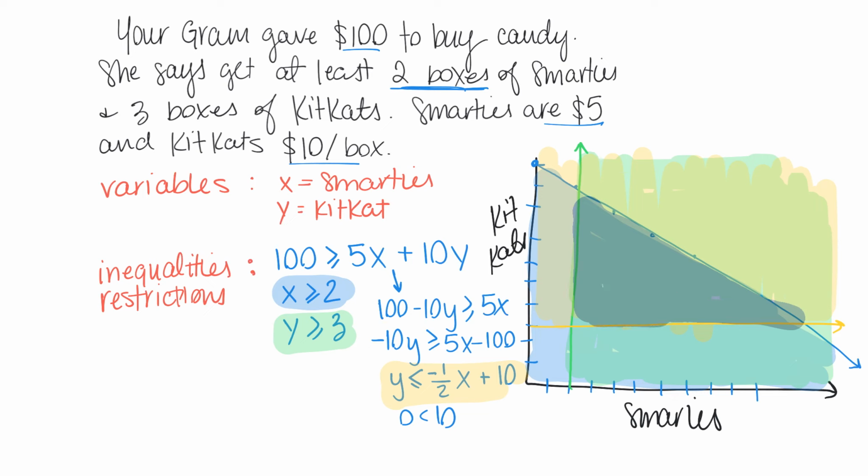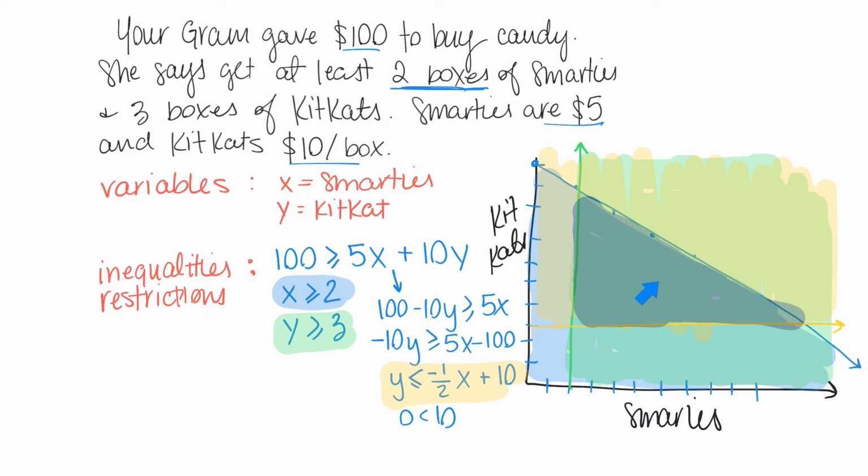So what are the options that I can bring home to Graham? Like I can bring home, at the very least, 2 and 3, right? Or I could max this thing out and bring home 2 Smarties and 9 Kit Kats. Or you could bring home 5 and 5, and you'd still have enough for that, and you'd have a little left over.